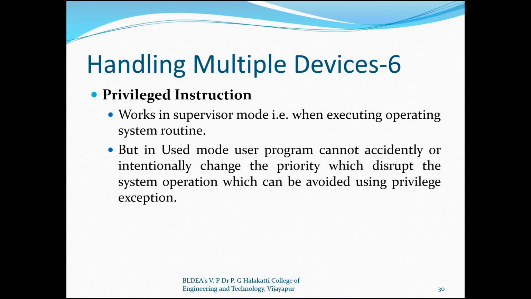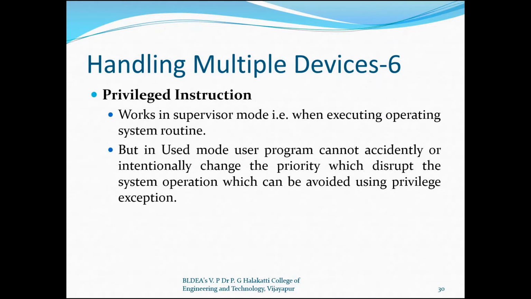But whenever the system is in user mode, that is, a user program cannot accidentally or intentionally change the priority, which would disrupt the system operation. This can be avoided using privilege exception.